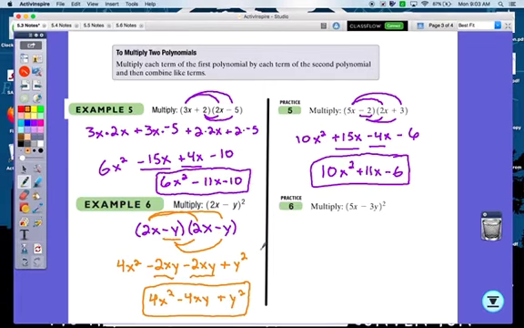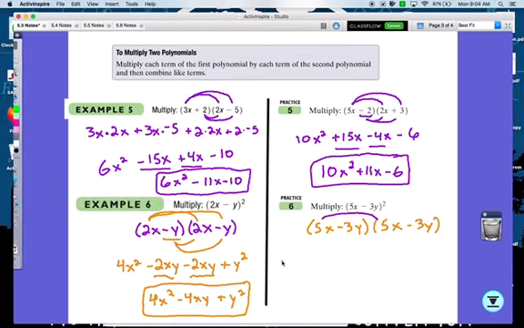All right, same thing on the practice 6 here. Rewrite it. 5x minus 3y times 5x minus 3y. And then use your distributive property. 5x times 5x gives me 25x squared. 5x times the negative 3y gives me negative 15xy.